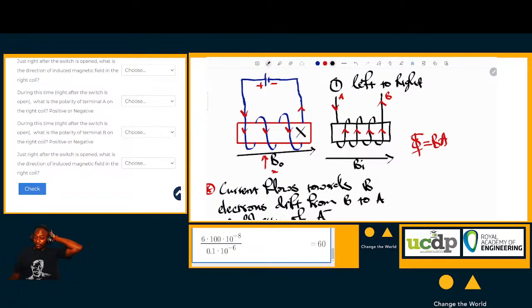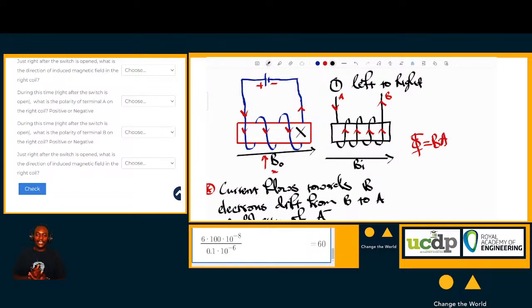Okay? We have been explaining this from the previous question. Whenever the original flux is decreasing, the induced magnetic field would be in the same direction. If the flux is increasing, then the induced magnetic field will be in the opposite direction.